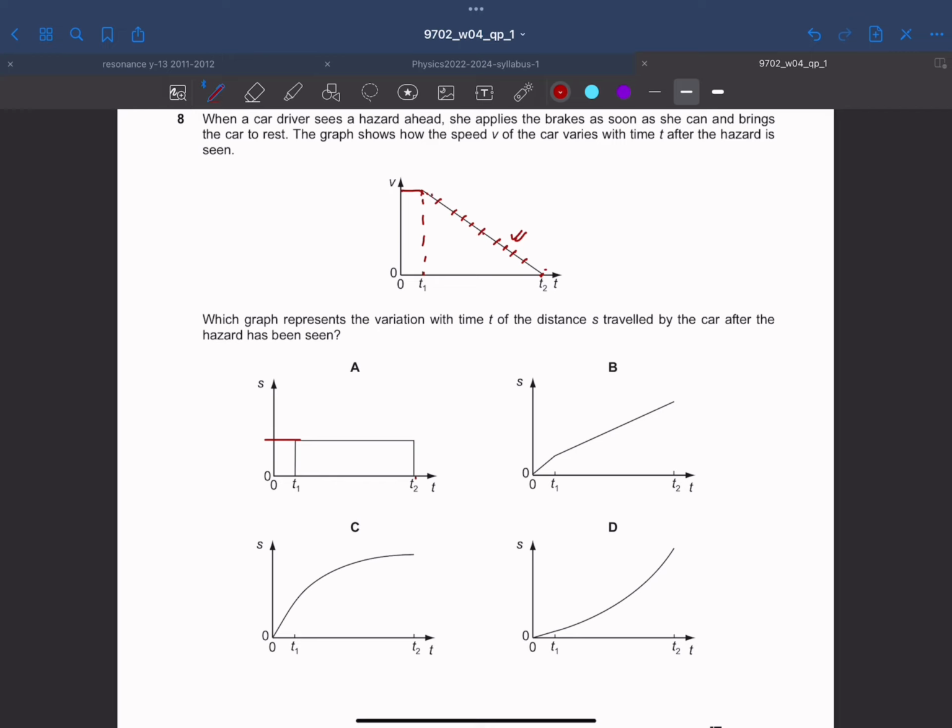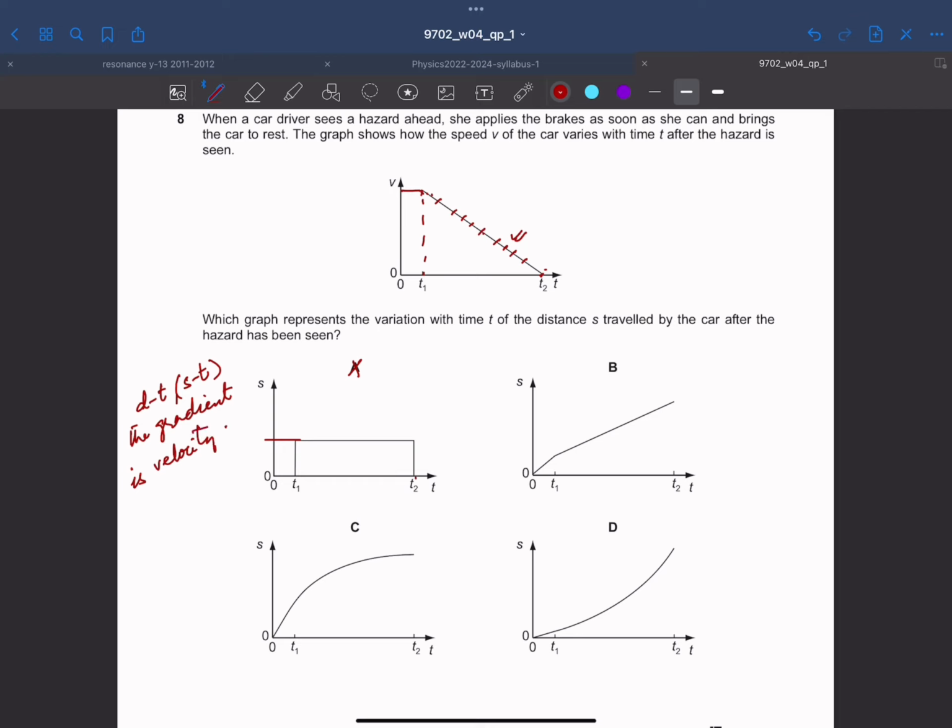So option A is not correct, because you know that for the distance-time graph, d-t or s-t, the gradient is velocity or speed.